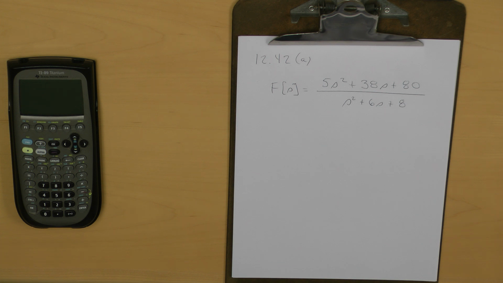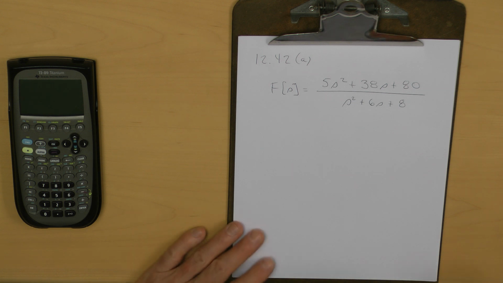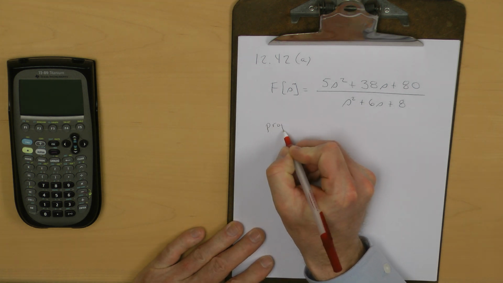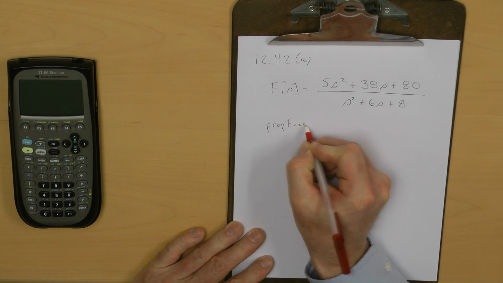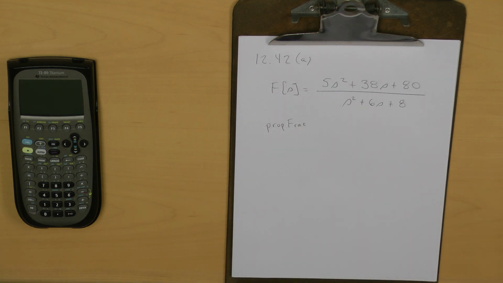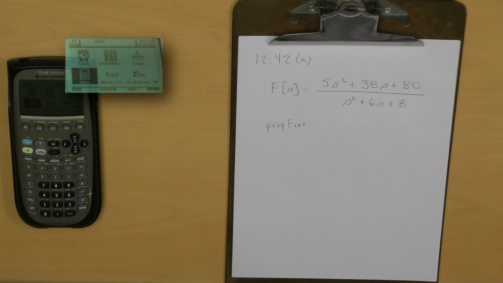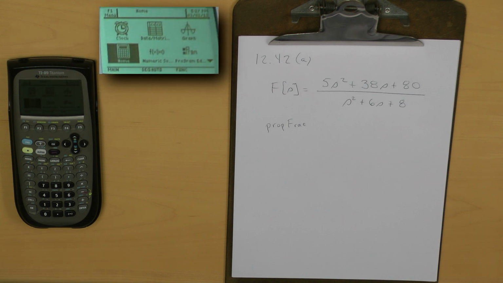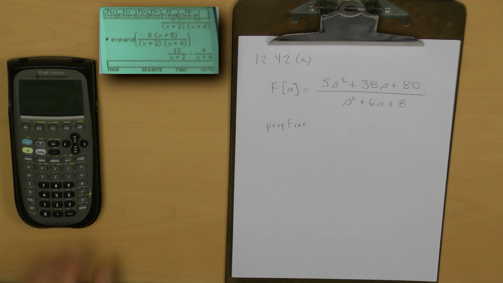In this case, we're using the TI-89 Titanium, and the very first command that we will issue is the properFrac command within the calculator. If I turn that on, and I'm now lined up on the home screen, I'll press enter to get to the command line.